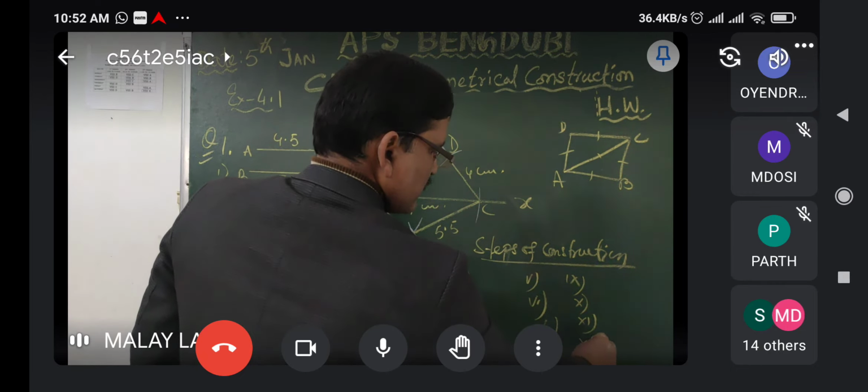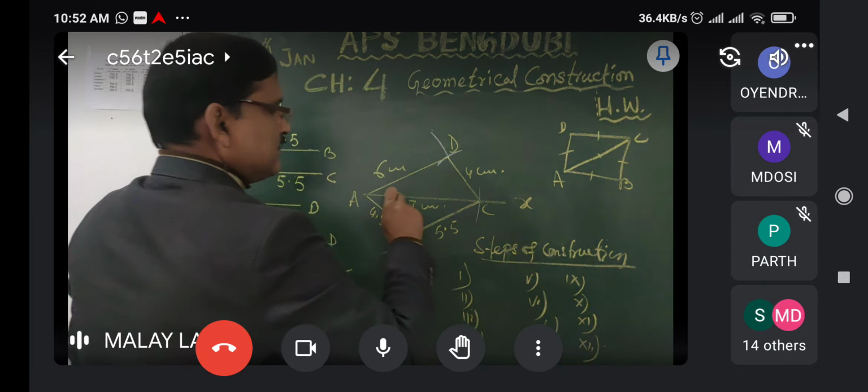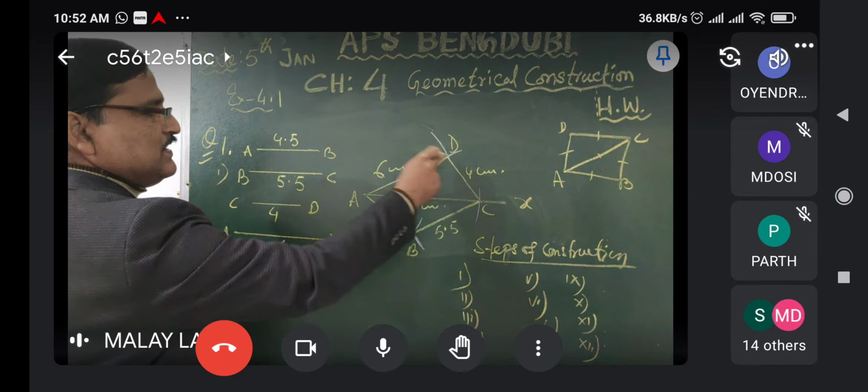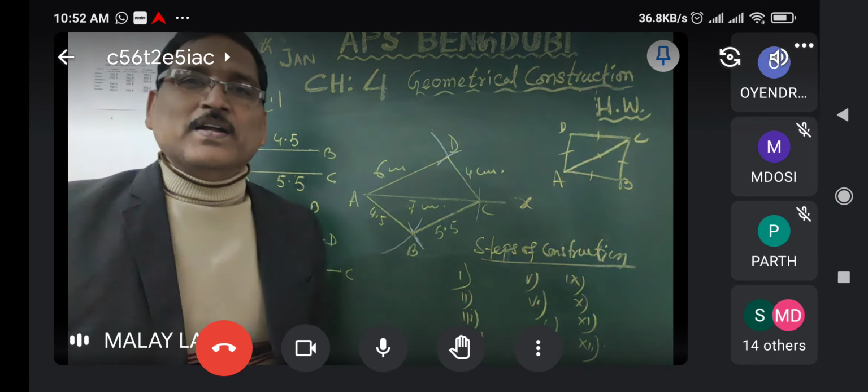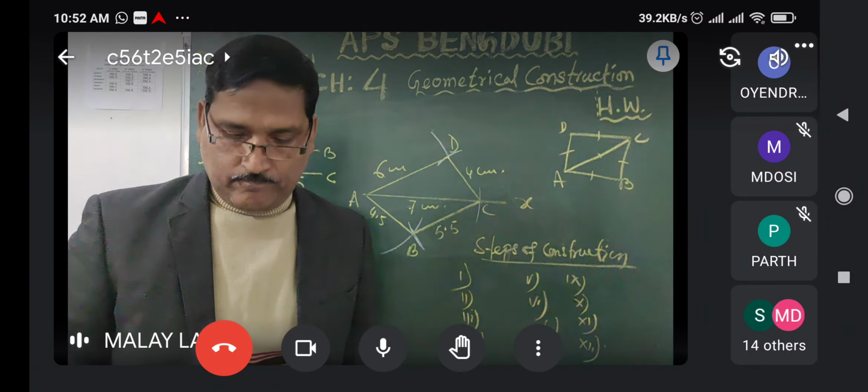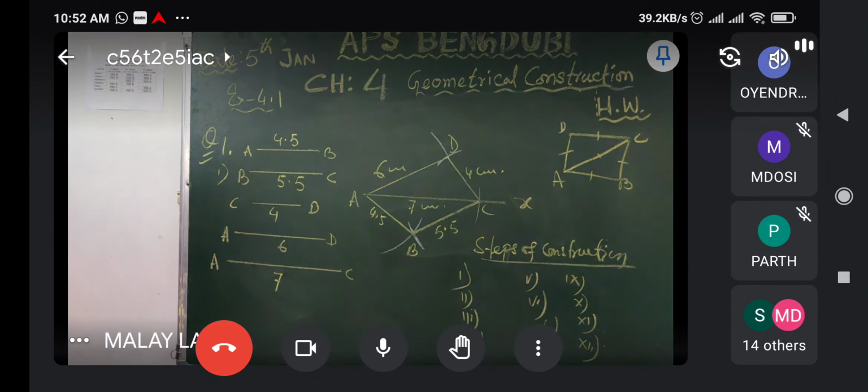Then lastly, number 12: Hence ABCD is the required quadrilateral. Any problem? No, sir. Please complete it. Whatever I said, follow this. Okay? These are the steps. I have given 12 steps, stepwise.